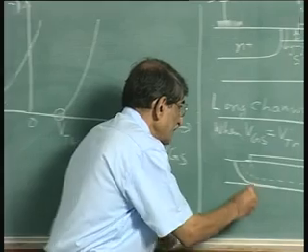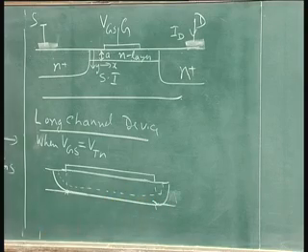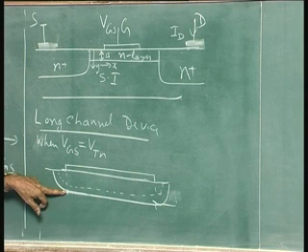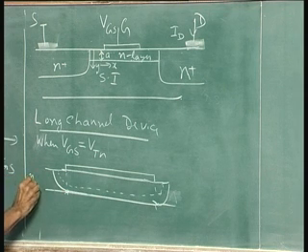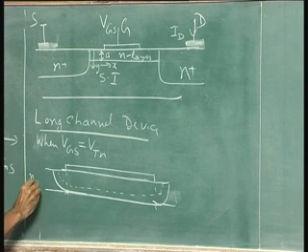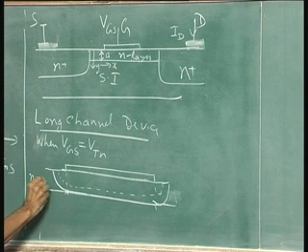But you can see from here to here there is no potential variation. What is the carrier concentration here? The carrier concentration here is equal to N naught, or N 0, equal to N d.